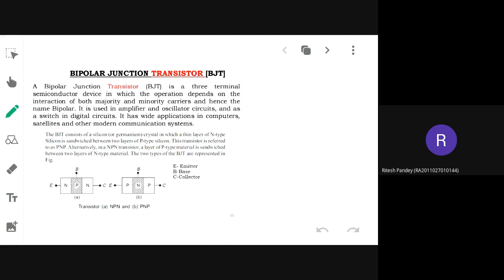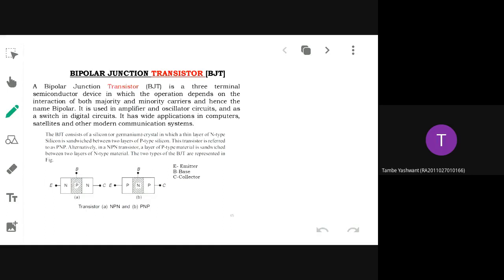The question paper pattern is 50 MCQs, all MCQs, 15 numbers, and the duration of the test will be 90 minutes. The mark allotment will be 1 and 2 marks. That is about your CT2.